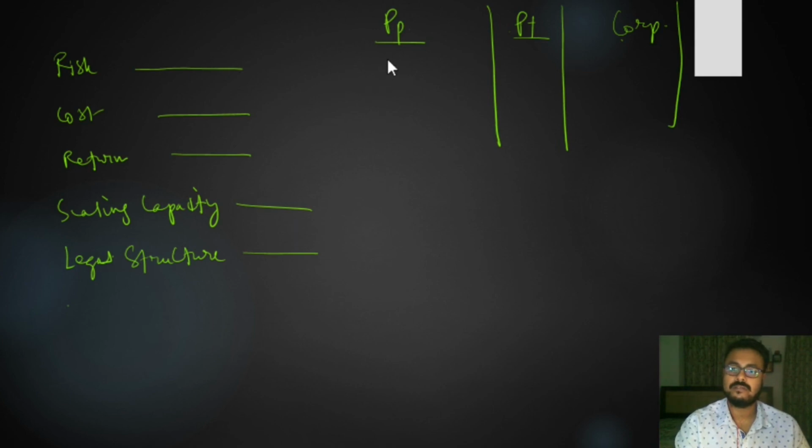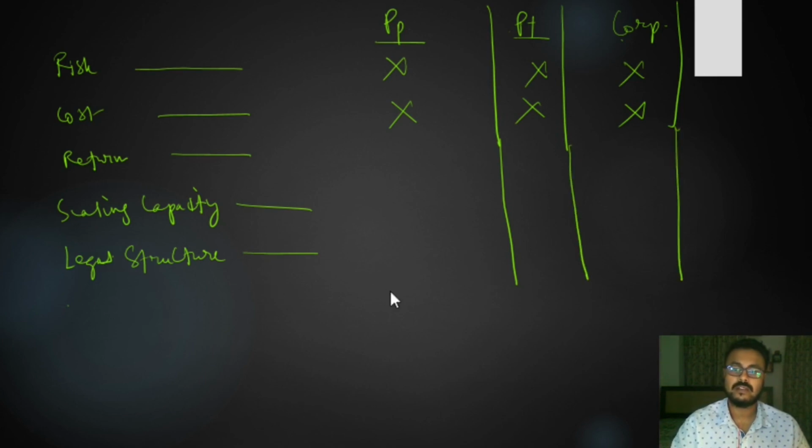So risk is different, cost will be different, return will be different, the same way scaling capacity will be different. All these factors affect the financial management decisions.